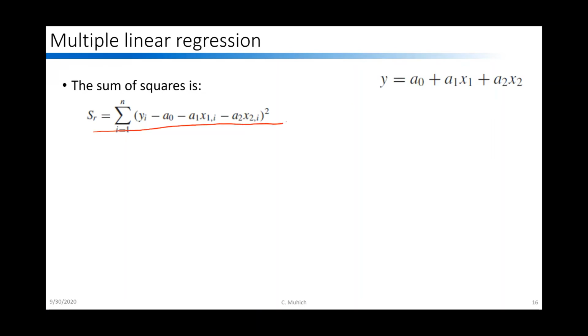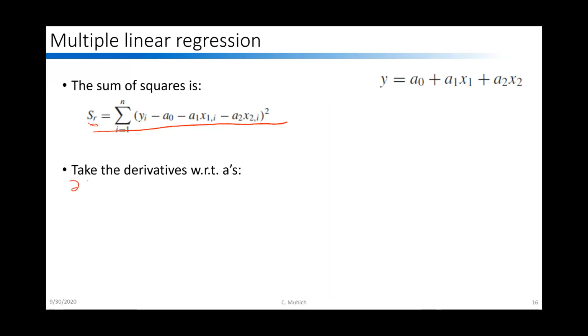Our sum of squares of the residuals is the sum from 1 to n of yi minus a naught minus a1 x1i minus a2 x2i. And then we square that whole thing. Now we're ready to take my set of derivatives with respect to our different a's.